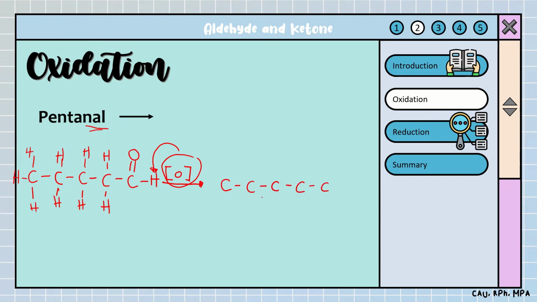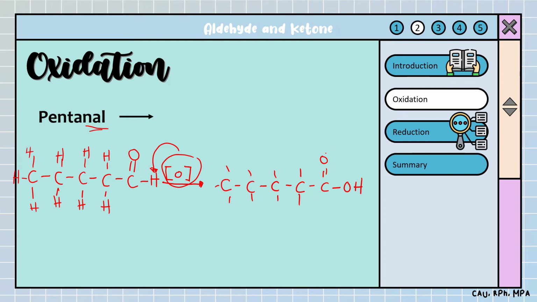Let's draw first the structure for us to see its product. And then again, your oxygen will be bonded to hydrogen, so that is a hydroxyl. And then our hydrogen. So let's just imagine that these lines here are your hydrogen.